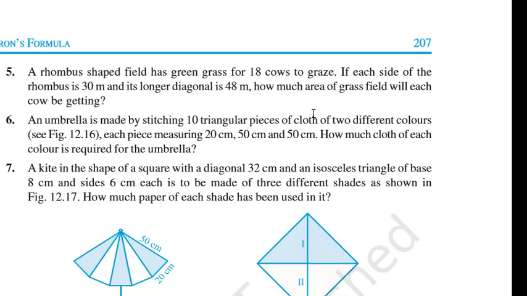A rhombus shaped field has green grass for 18 cows to graze. If each side of the rhombus is 30 meter and its longer diagonal is 48 meter, how much area of the grass field will each cow be getting?